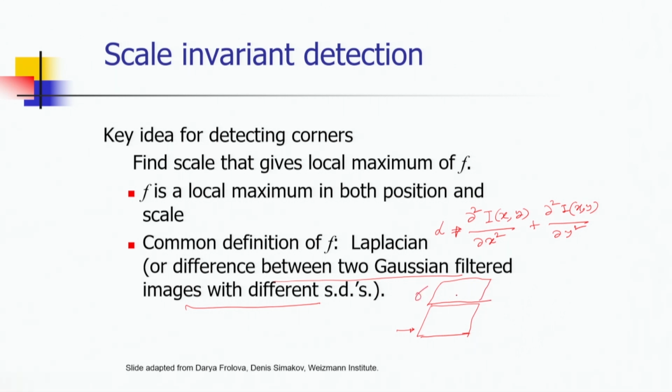Now you take the difference, and whatever you get is the difference between two Gaussian filtered images. We say this is the difference of Gaussian operator.